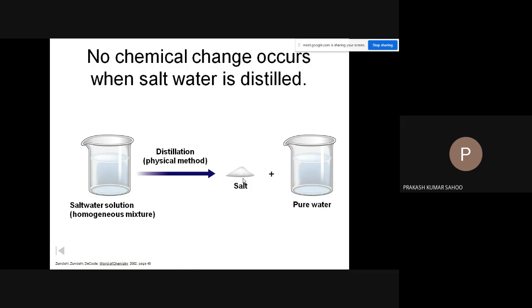And when I evaporate the salt solution and separate the water, I will again get the salt in the container. So there is no chemical change when salt gets dissolved in water.